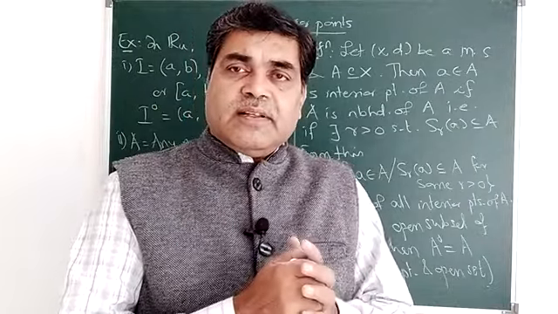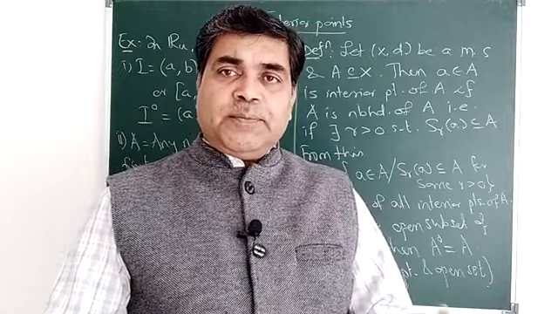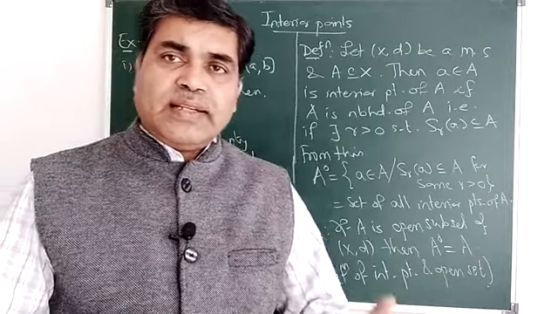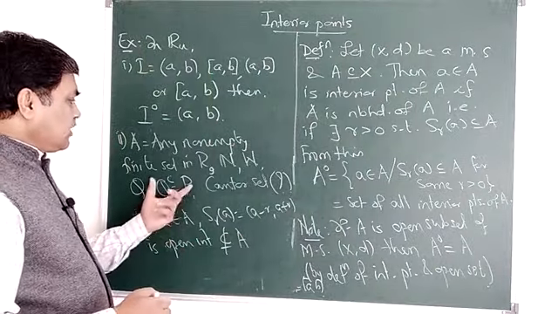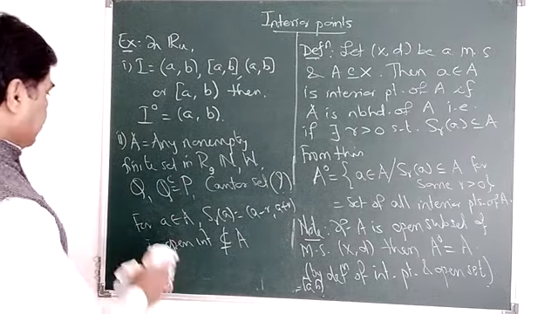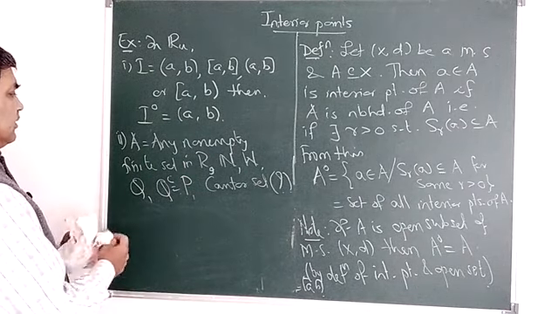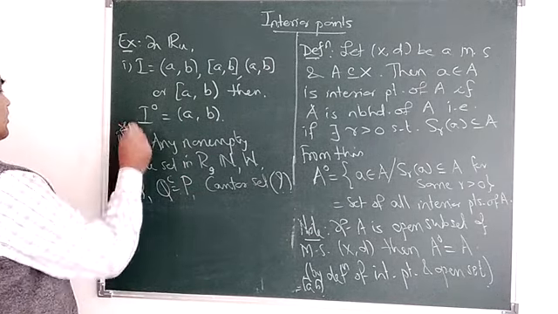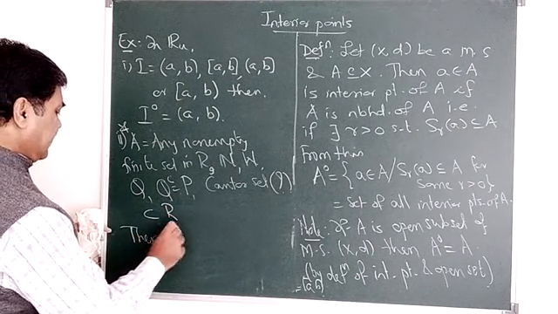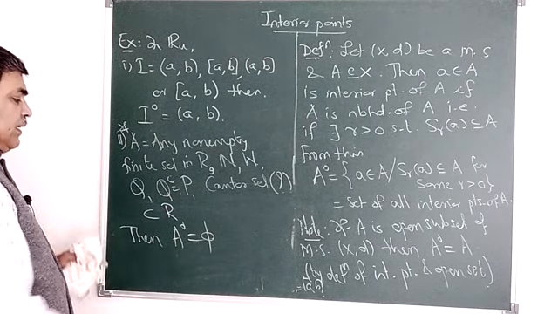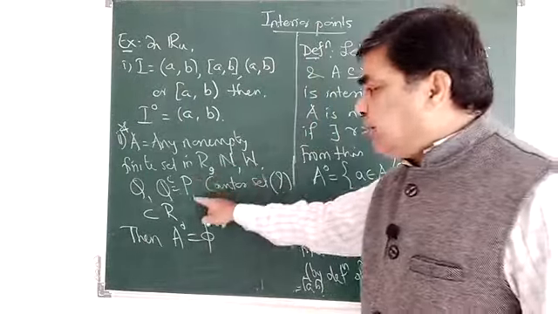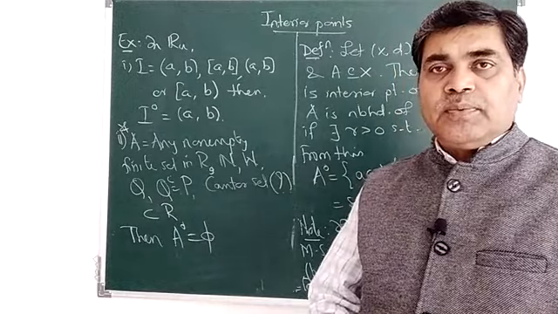And the open sphere about any point is always a non-empty interval, so that interval must not be a subset of these sets. If A is equal to one of these subsets of R, then the interior of A must be equal to phi. No point is an interior point of those sets.